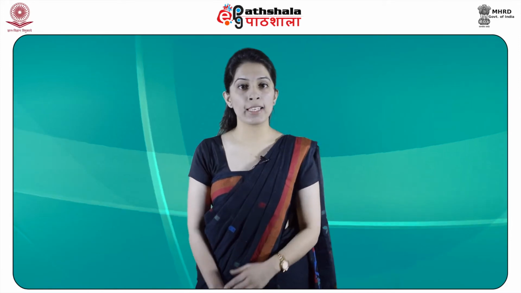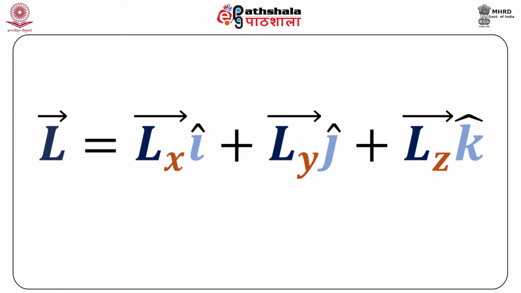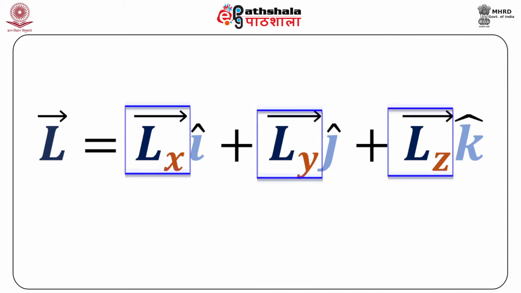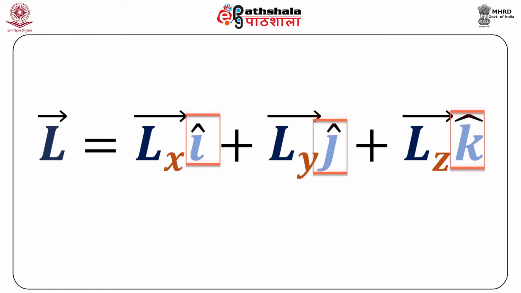Since angular momentum, position and linear momentum are all vector quantities, in Cartesian coordinates the total angular momentum L can be expressed as sum of Lx i plus Ly j plus Lz k, where Lx, Ly and Lz are the angular momentum components in the three directions x, y and z, and i, j, k represent the unit vectors in the respective directions.